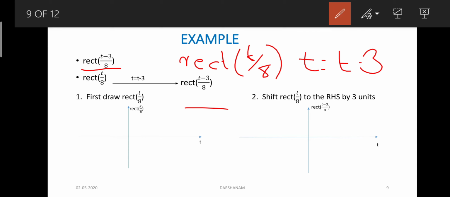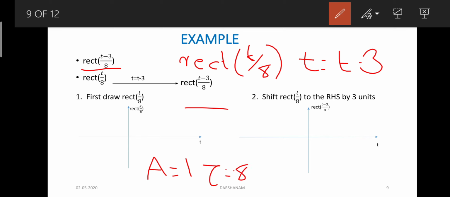After doing this, we will put t equal to t minus 3. Putting t equal to t minus 3 means the right hand side shifted version of rect of t by 8 by 3 units. So first do the rect of t by 8. Here A equal to 1 and tau equal to 8.